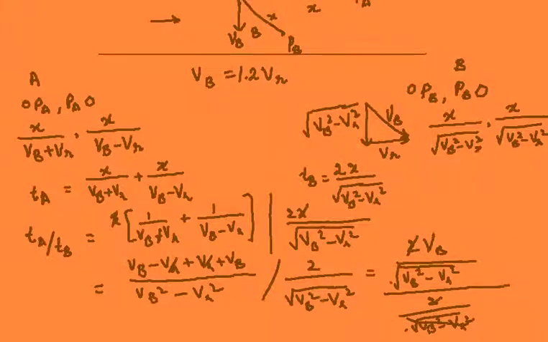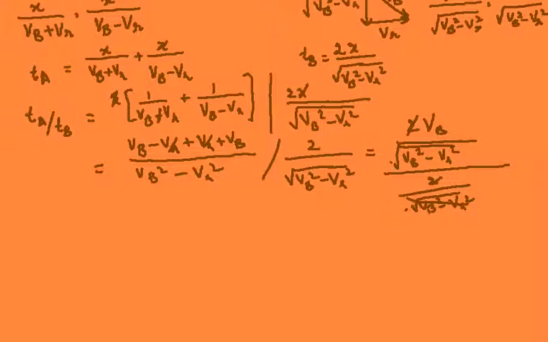So now all I need to do is, TA by TB will be equal to Vb by root over Vb square minus Vr square. Now I substitute Vb equal to 1.2 Vr, which was given.